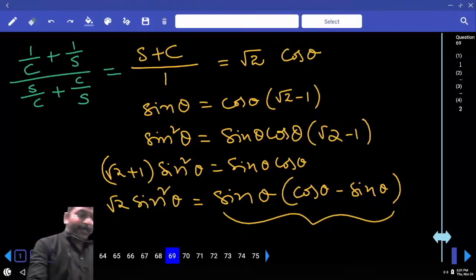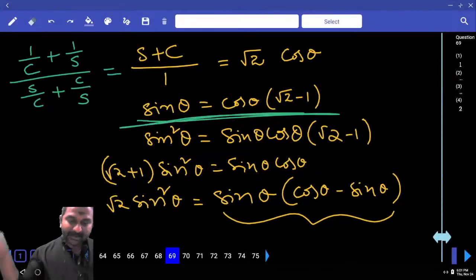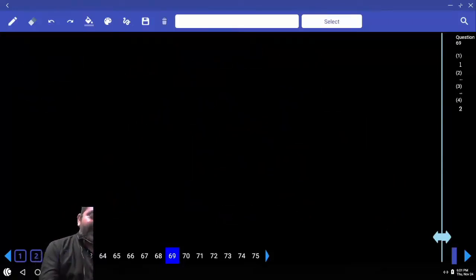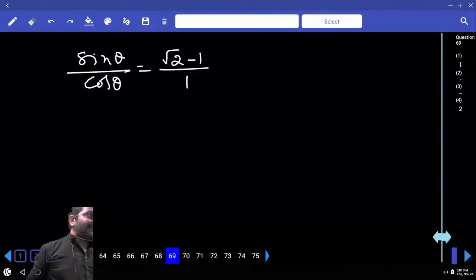The other way, just a minute, look here. After this step, sin theta is equal to cos theta into root 2 minus 1. We can write it as sin theta by cos theta is equal to root 2 minus 1. Correct? Can I also write like this?